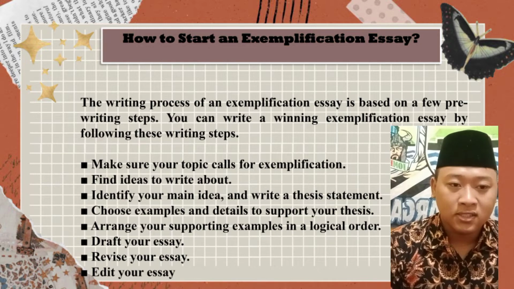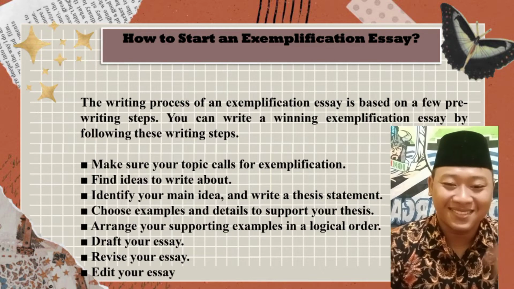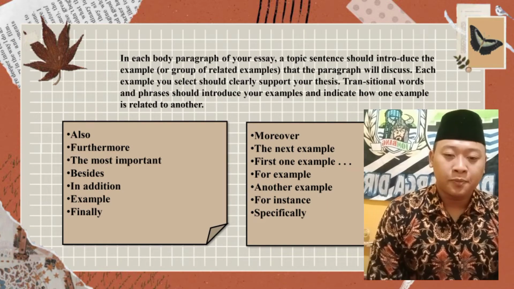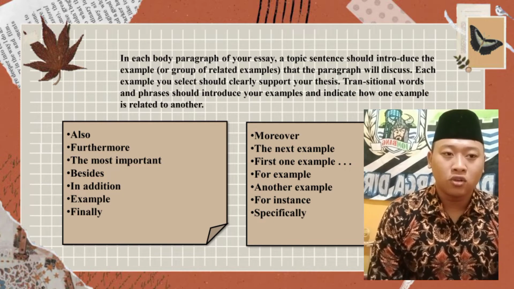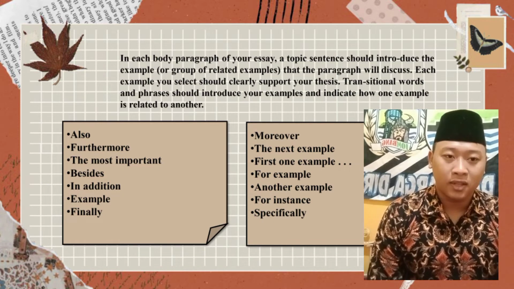Number 6, draft your essay. Number 7, revise your essay. Number 8, edit your essay. In each body paragraph of your essay, a topic sentence should introduce the example that the paragraph will discuss.